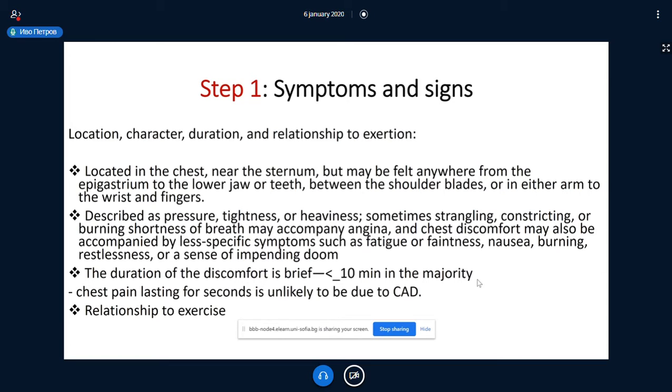It's not acute pain. In most of the cases, pain at a point, an acute pain, is not related to coronary heart disease. So the heaviness, the pressure, the tightness, the strangling, constricting sensation is typical for the typical chest pain.